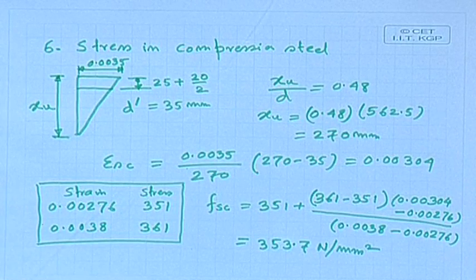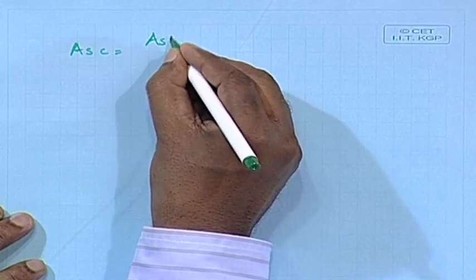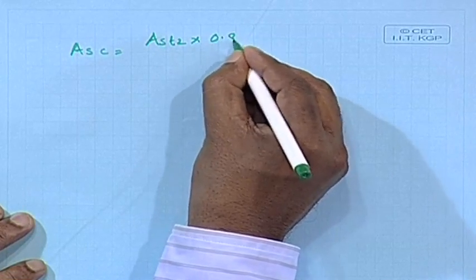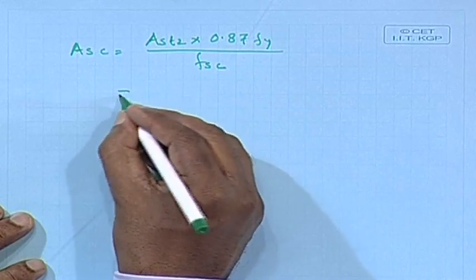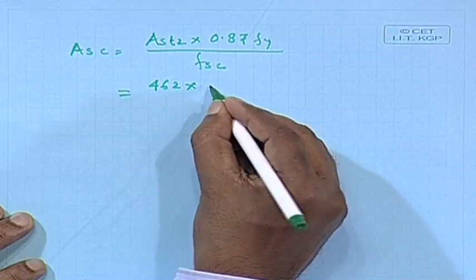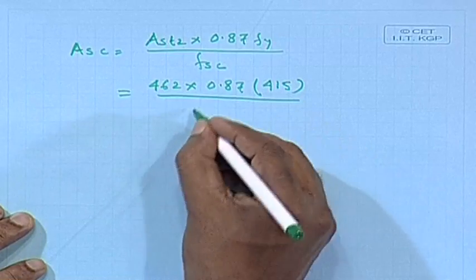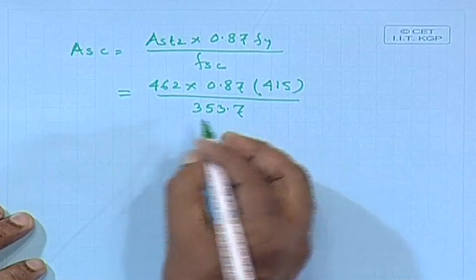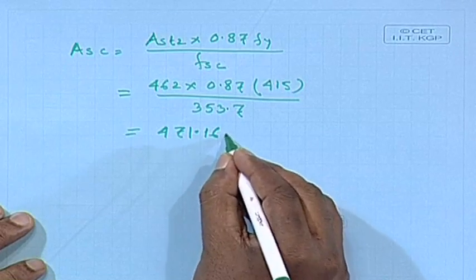So, we have got FSC, we can calculate ASC. In other way I can write down ASC equal to AST2 times 0.87 Fy divided by FSC equal to 462 into 0.87 into 415 divided by 353.7 equals 471.6 square millimeter.